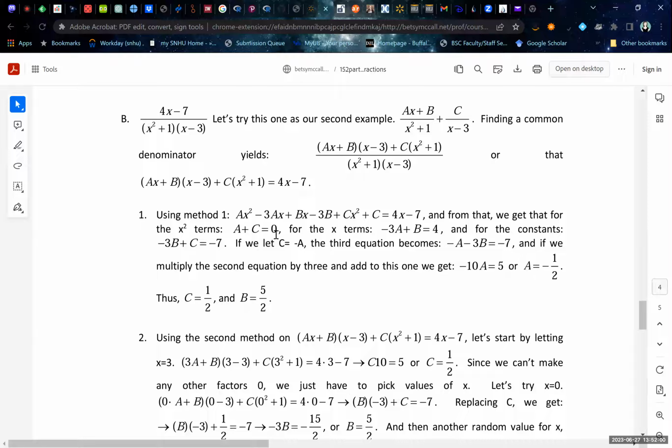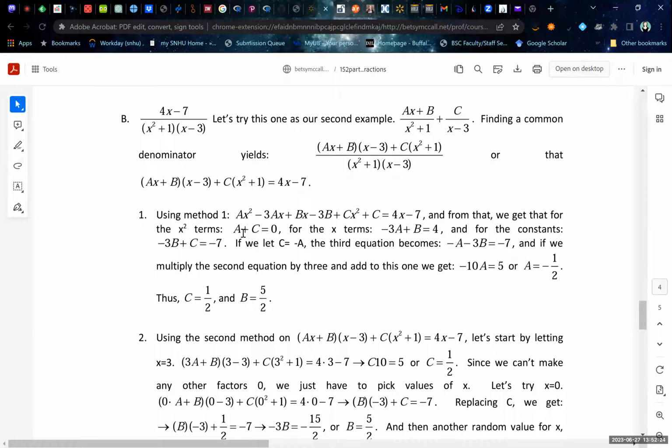So the x squareds cancel. For the linear terms, we have negative 3ax and bx. And so that has to be equal to 4 so that the x coefficients add up. And then for the constants, we have negative 3b and we have c, and that has to equal in this example negative 7.